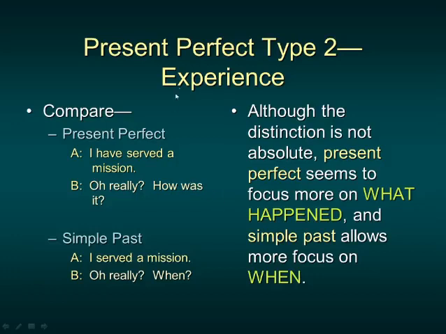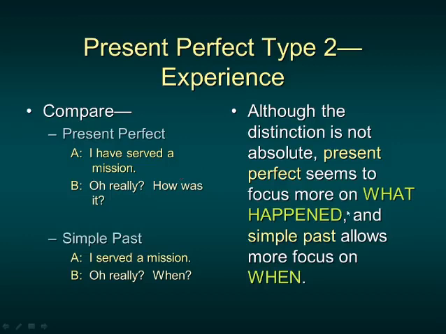These are the differences. Then present perfect types to experiences. Compare. You see, present perfect: I have served a mission. Oh really, how was it? I served a mission. Oh really, when? Although the distinction is not absolute, present perfect seems to focus more on what happened. Always present perfect is focusing on what happened.